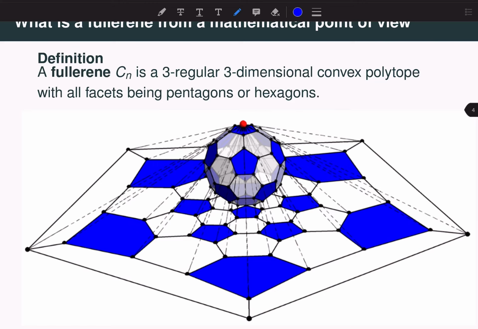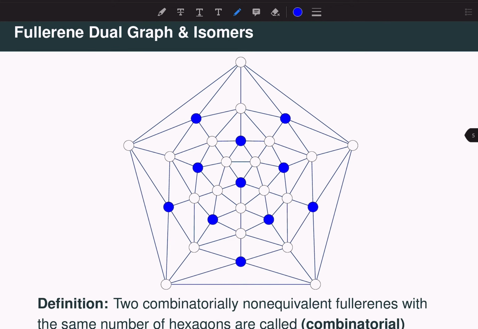But as I said before, we are not very interested in the connectivity between vertices, but in the connectivity between the pentagons and hexagons. Therefore, we don't care about the direct graph, but we care about the dual graph. So in the dual graph, we will get 2 kinds of vertices. The blue colored ones in this picture are of degree 5 because they represent the facets, the pentagons in the original fullerene, and the second kind of vertices have degree 6.